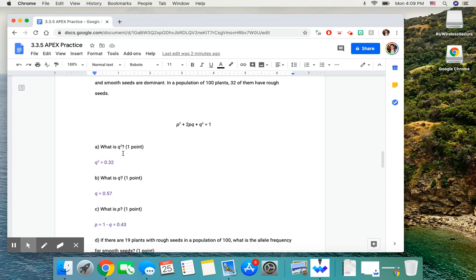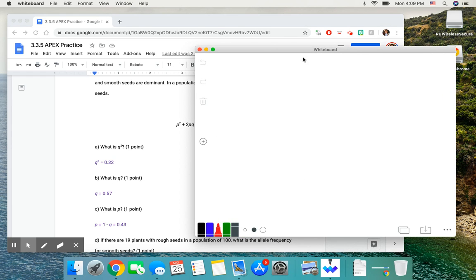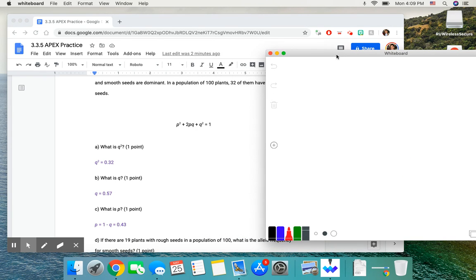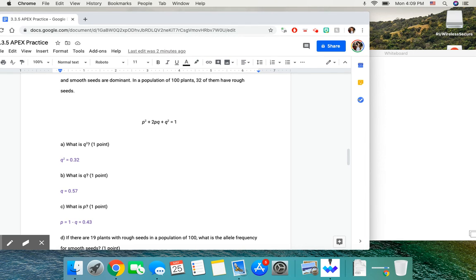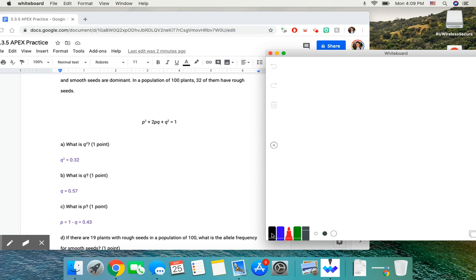So we're looking for Q squared. So Q squared is going to be 0.32 because Q squared, and actually let me open up my little whiteboard. So let me just move this aside. Okay, so let's see.